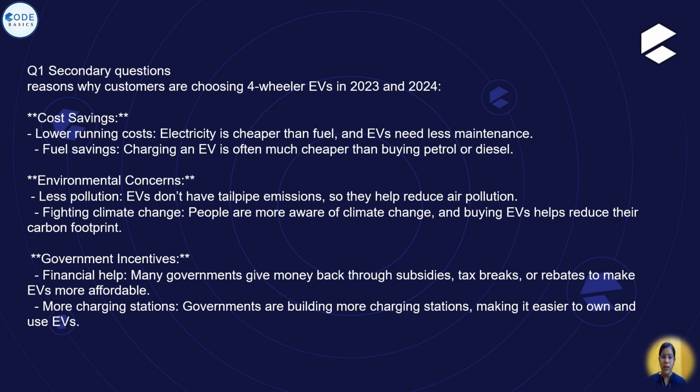As per environmental concern, EVs don't have tailpipe emissions, so they help reduce air pollution. As per government incentives, many governments give money back through subsidies, tax breaks or rebates to make EVs more affordable.